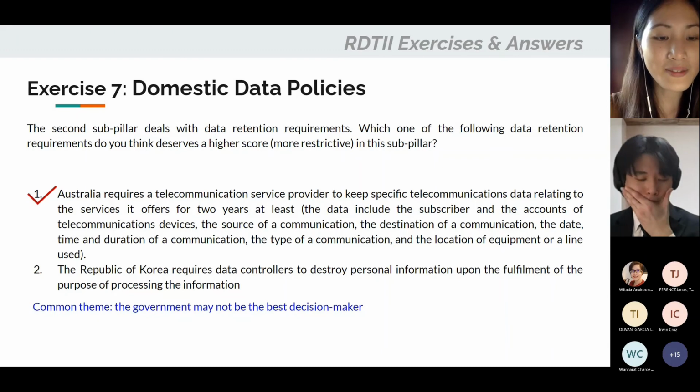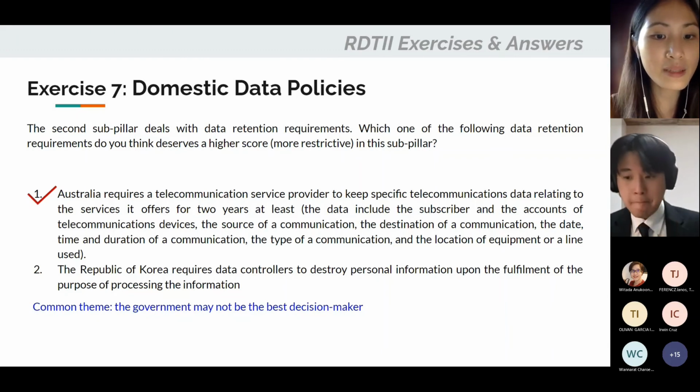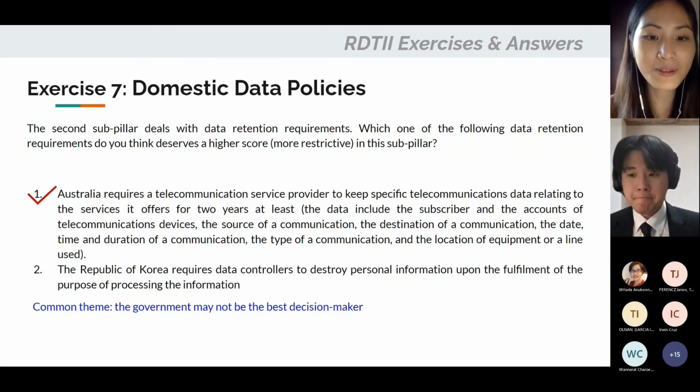The common theme of this question is that the government may not be the best decision maker to provide certain requirements to the companies, because the companies know themselves whether they should perform certain activities or not, because they are the ones who bear the cost.